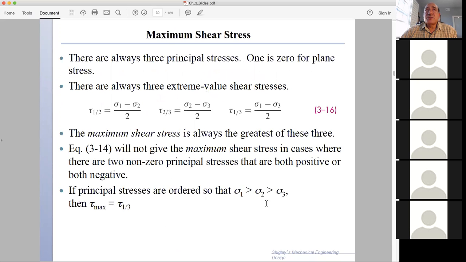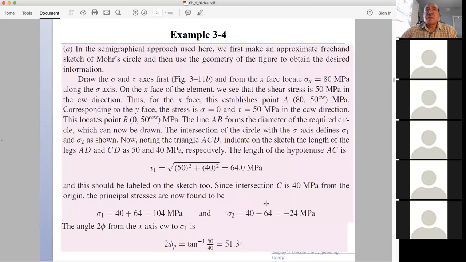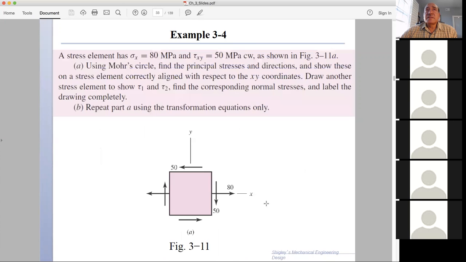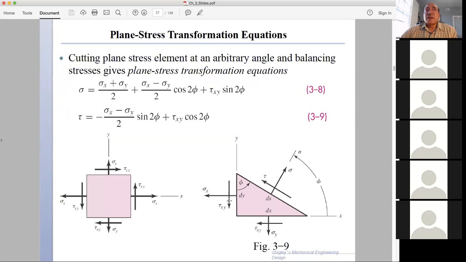So what I wanted to show you here is the situation in regards to the convention. You can see on this square, which is an element, the positive tau xy is up here, but if you look at it, it is going counterclockwise.